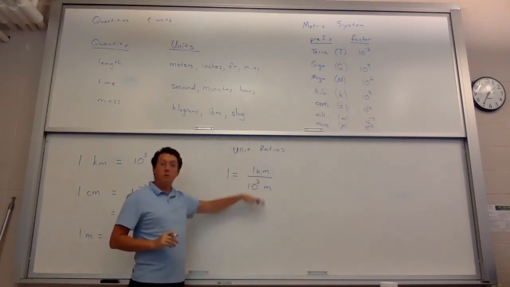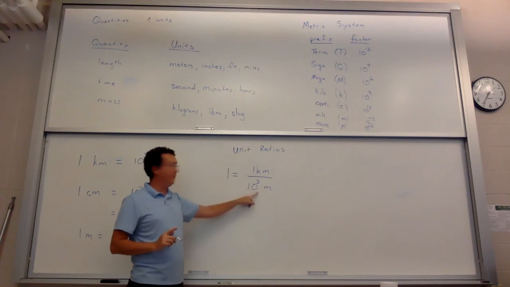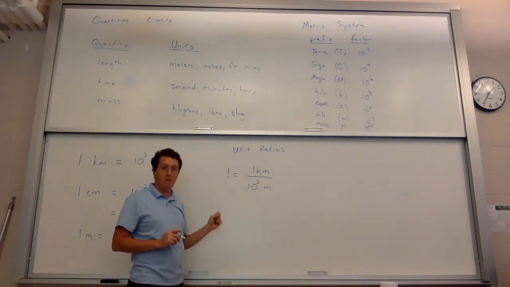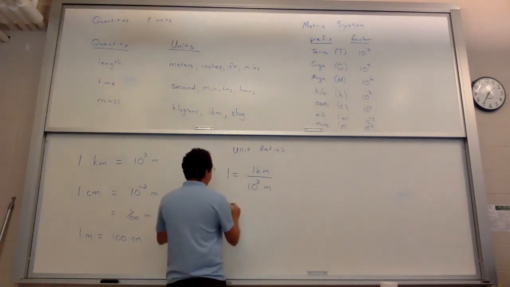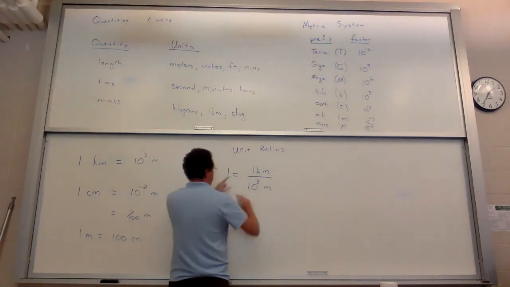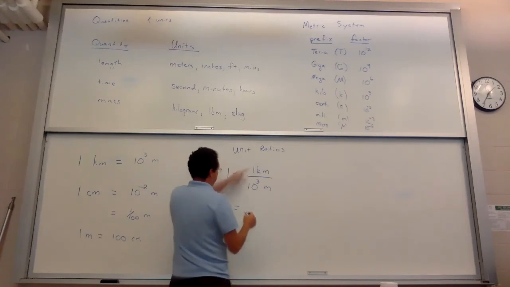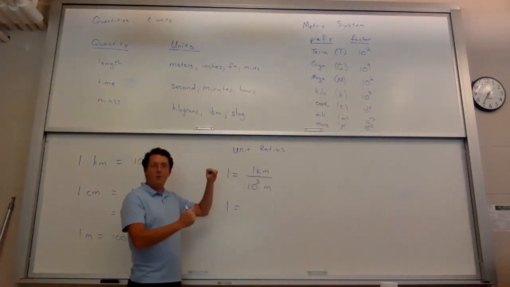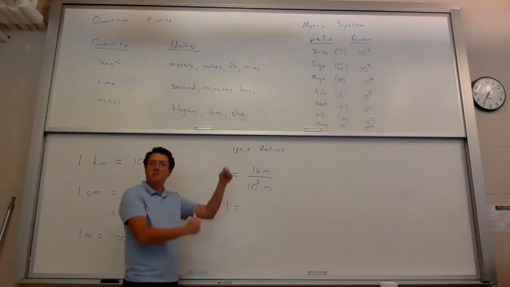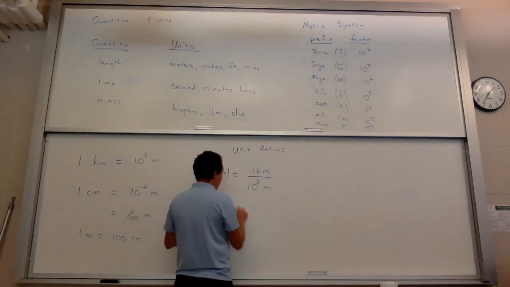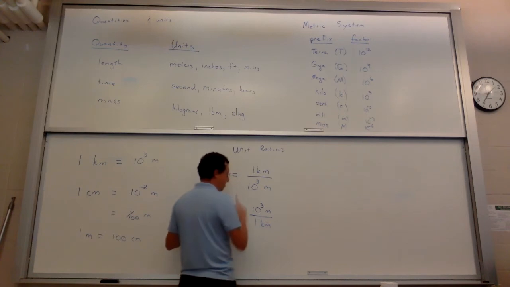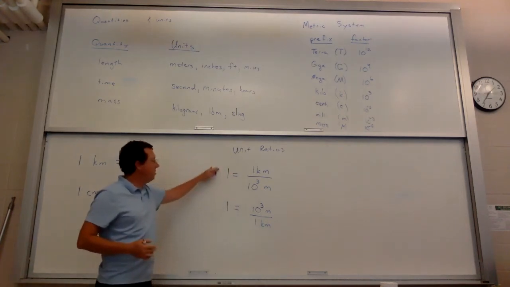This ratio, even though it doesn't look like 1, it is 1, because the numerator and denominator are the same. There's another unit ratio we can define, which is the reciprocal. Multiplying by 1 is the same as dividing by 1, so I can turn the fraction upside down. So I can also say 10 to the 3 meters divided by 1 kilometer is 1. These are called unit ratios.